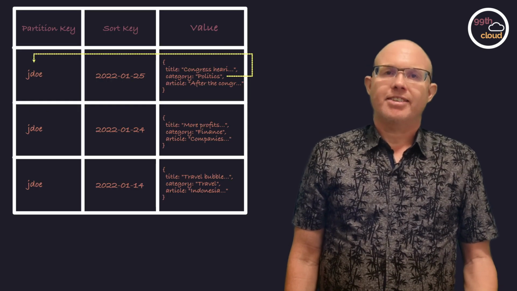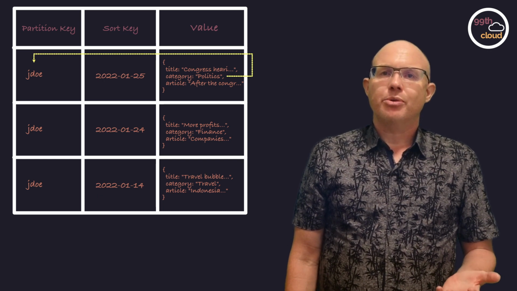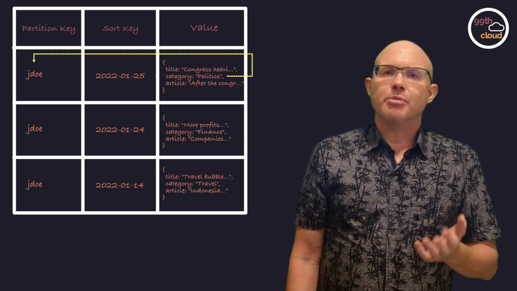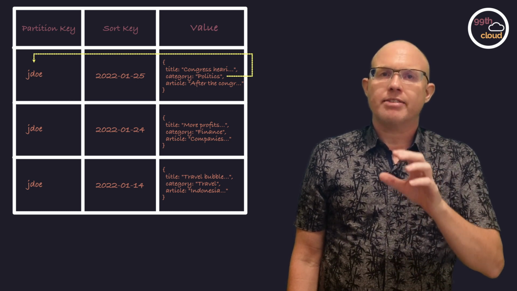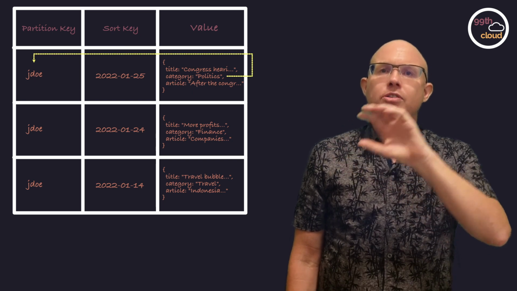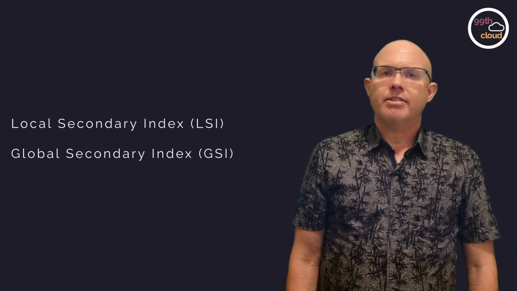So what the heck are secondary indexes, you ask? Secondary indexes can be used to query for the data with alternate keys. This means you can project other attributes stored in your JSON document onto the partition key and the sort key. DynamoDB supports two kinds of indexes.